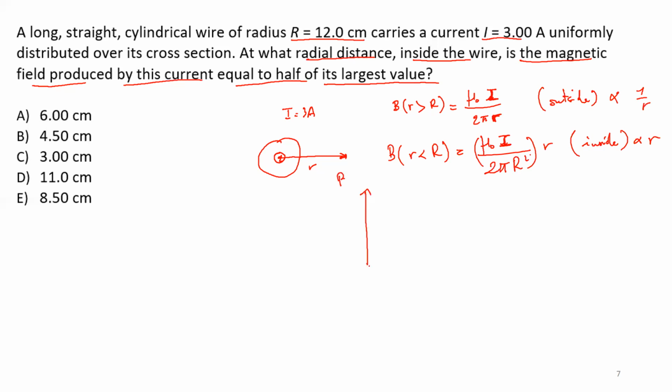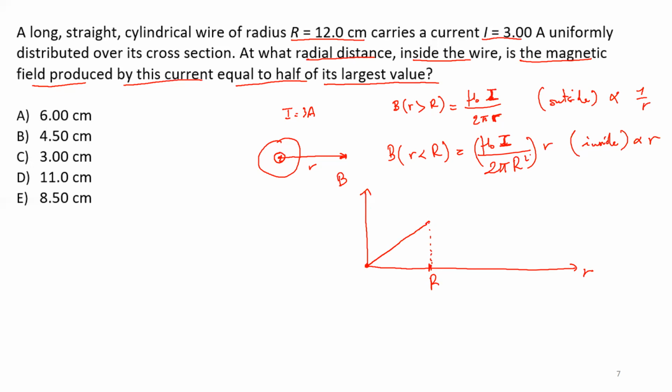So this is B, this is the radial distance, and this is the radius of the wire. When R is 0, B is 0. As long as I am here, I am inside, and I have a linear dependence between the magnetic field and the radius.